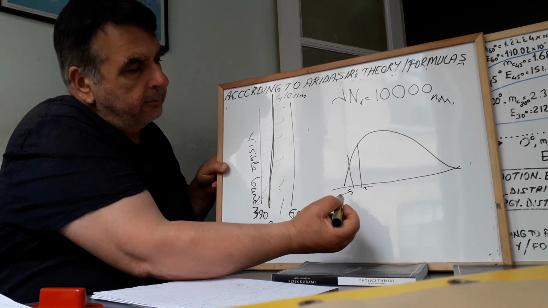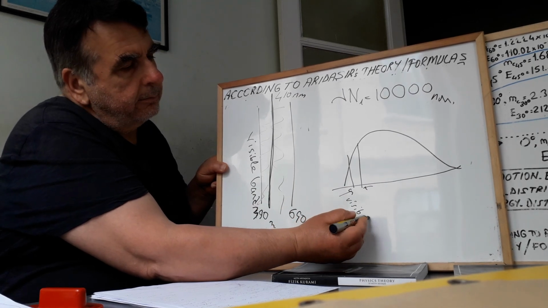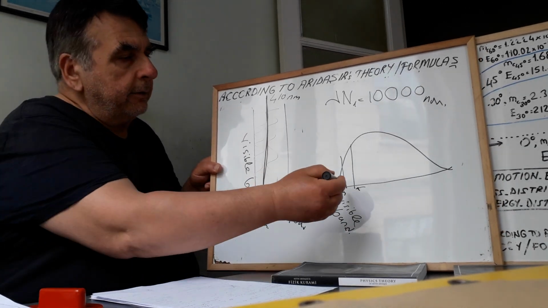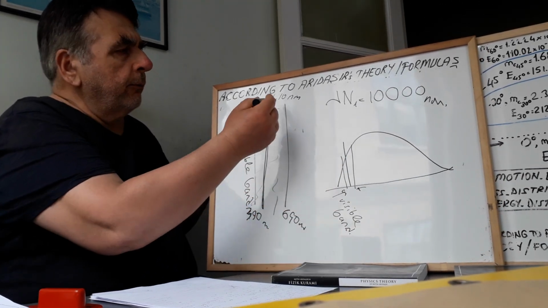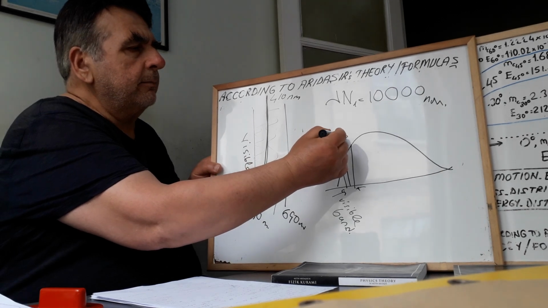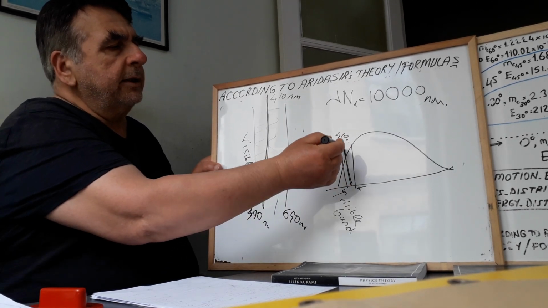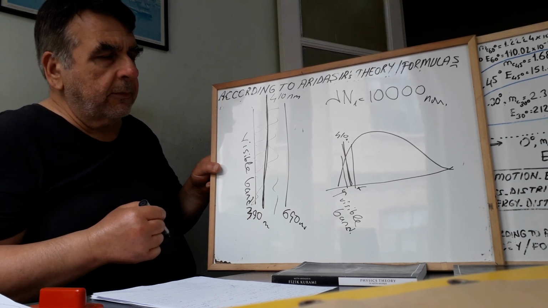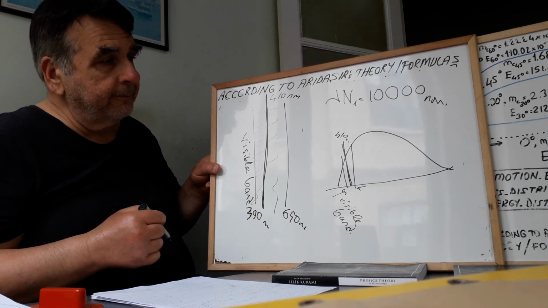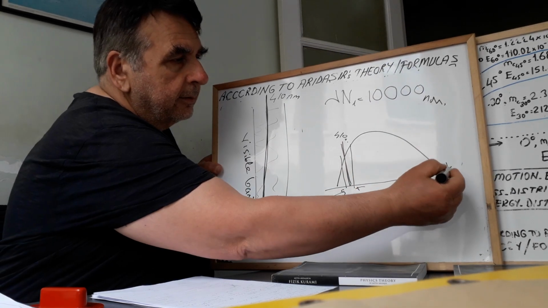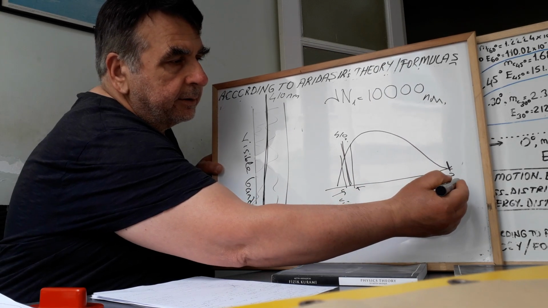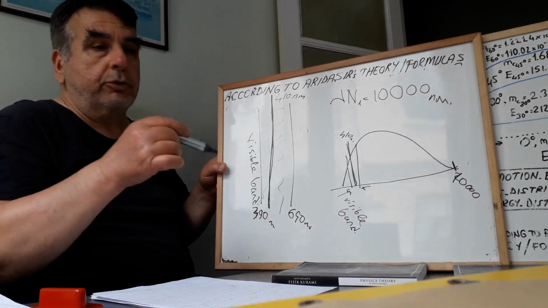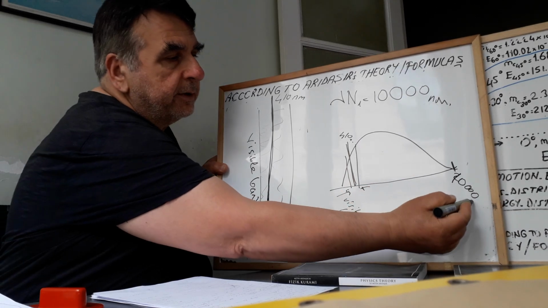Okay, here visible band, and it will contain 410 nanometer hydrogen line. Okay. It is starting 10,000 nanometer, according to my theory and my formulas.